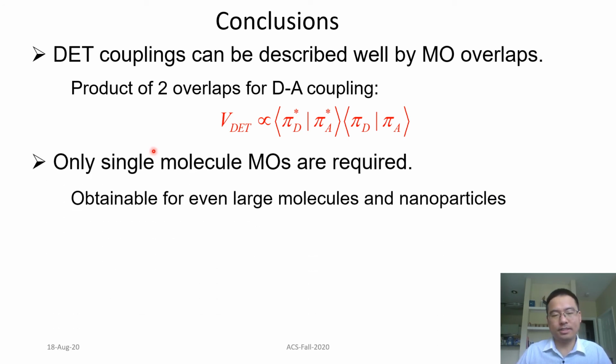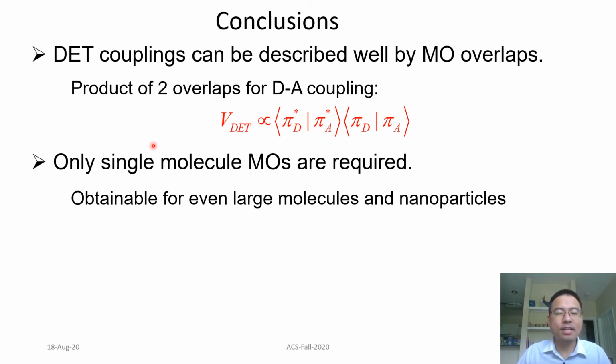And more important, we only take the molecular orbitals of single molecules. So we can get them from simple quantum chemical calculations, which is easy even for a lot of experimental groups.